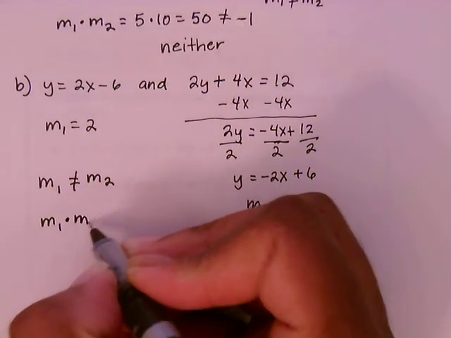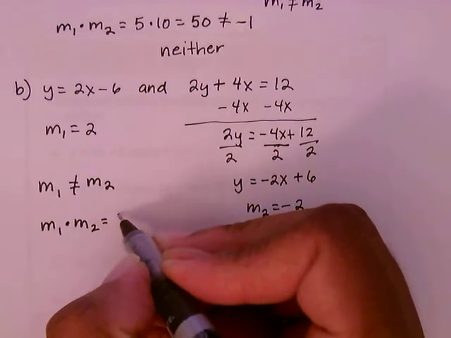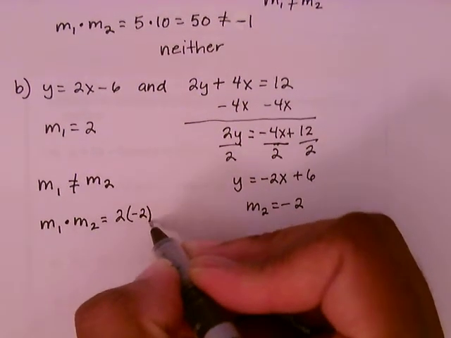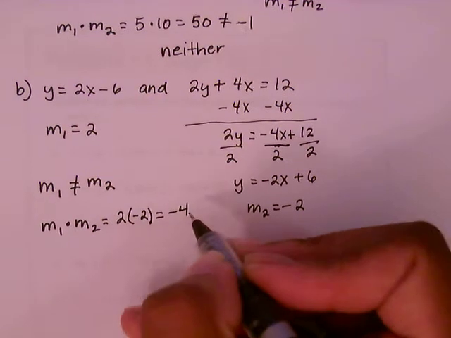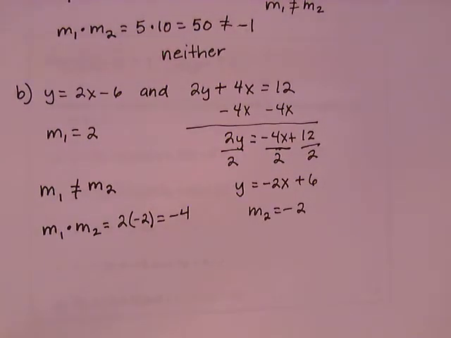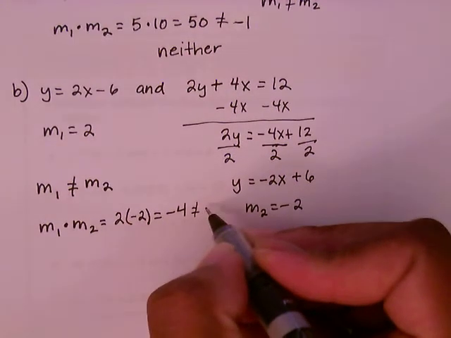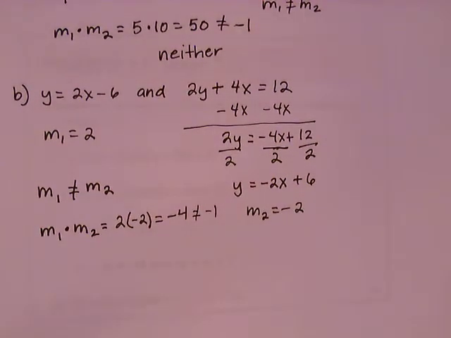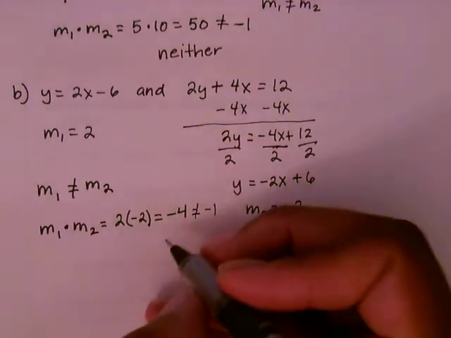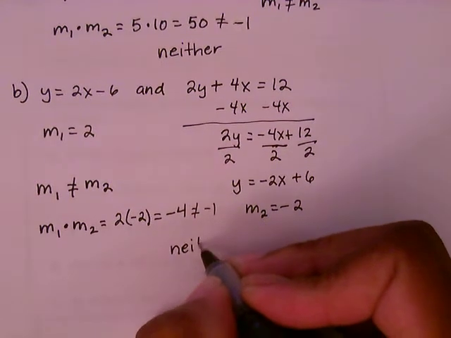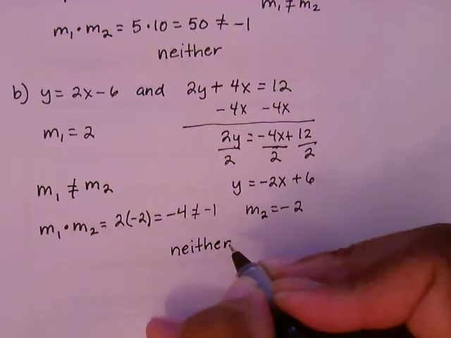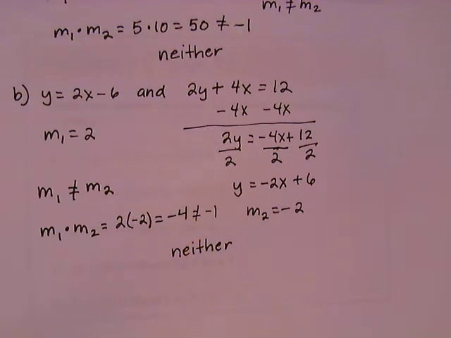What if I take the product of these two slopes? 2 times negative 2, that's negative 4. The product of the two slopes must be equal to negative 1. And negative 4 is not equal to negative 1. So those two lines are not going to be perpendicular. So that means, again, this is also neither parallel nor perpendicular.